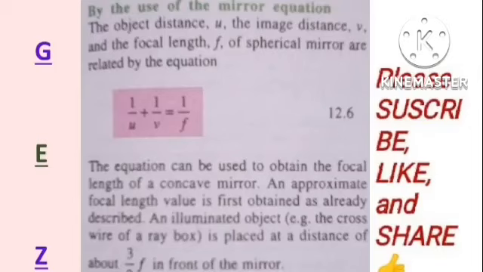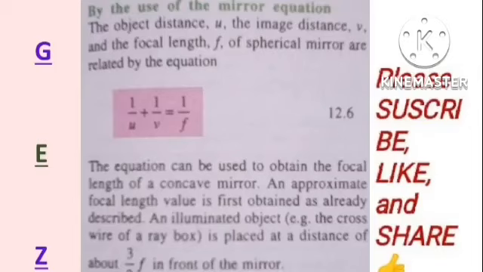You can use an experimental method to find the focal length by setting up an illuminated object like the crosswire of a ray box, placed at a distance of about 3 over 2 of the focal length in front of the mirror. Then the exact distance is measured. So you measure the object distance, and measure the image distance when you get a sharp image of that object.